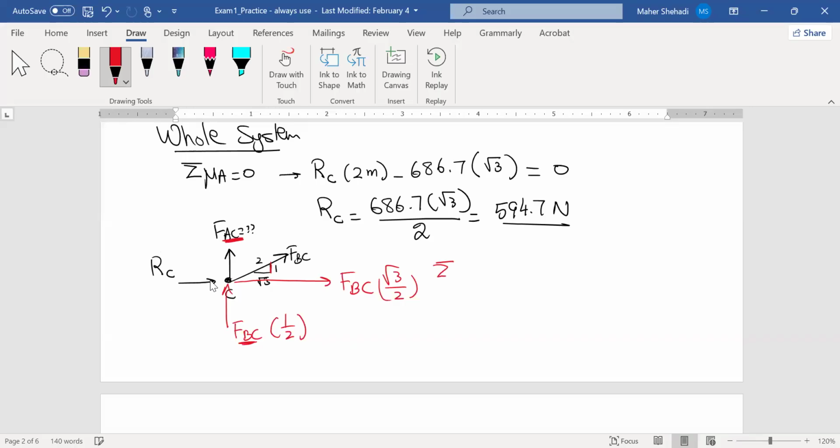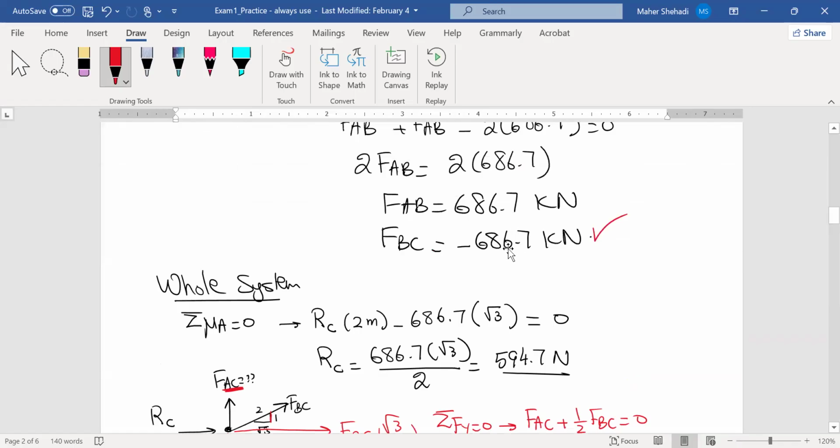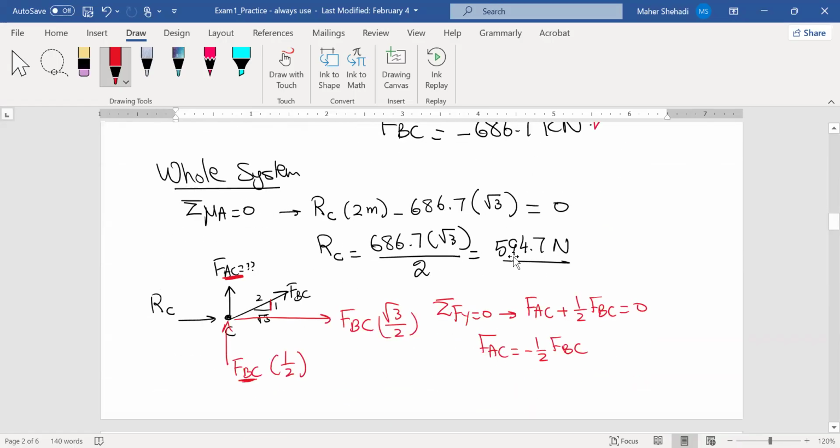Because if you take now summation of force in the y direction equals to 0, I have FAC going up plus half FBC, that's it, equals to 0. So FAC is minus 1/2 FBC. FBC was minus 686.7. So divide that by 2, we will get the answer as positive.